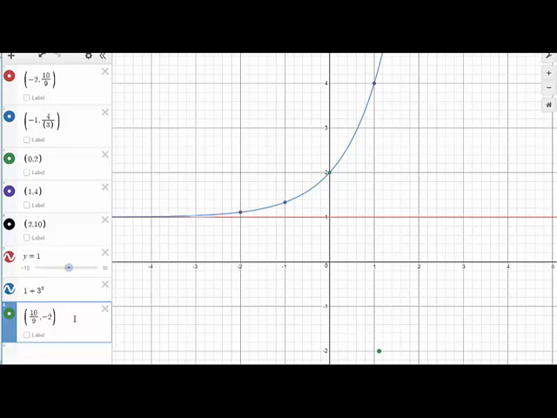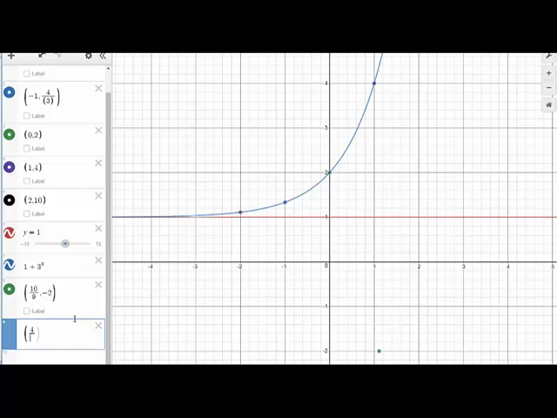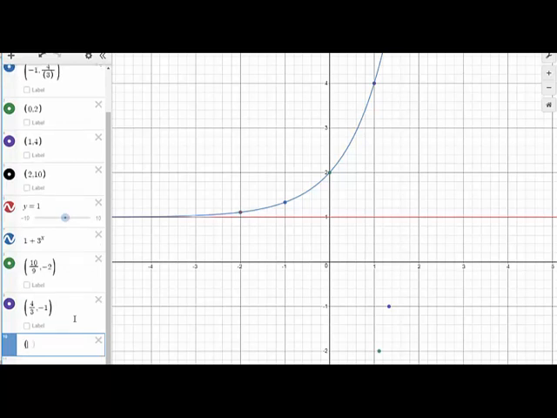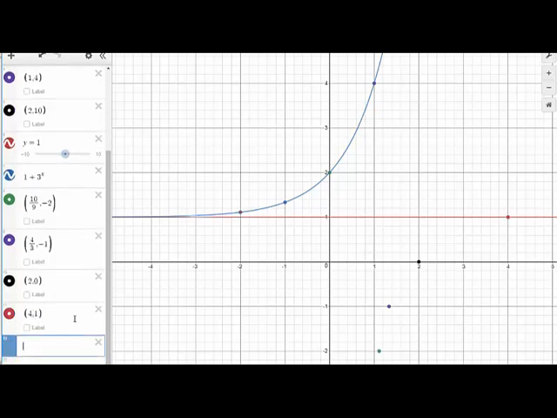The next point that I'm going to graph is 4 over 3 comma negative 1. The next one is 2 comma 0. As you can see, the only thing that I do here is interchange the x and the y coordinates, nothing else.